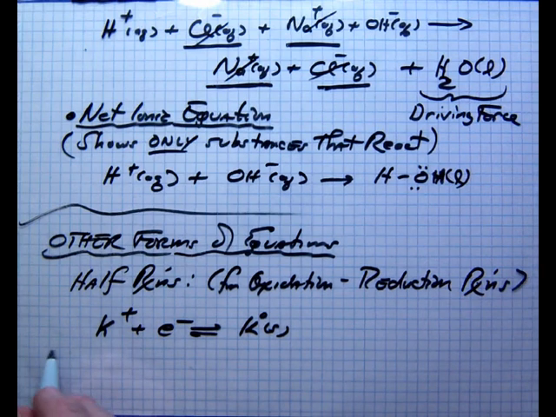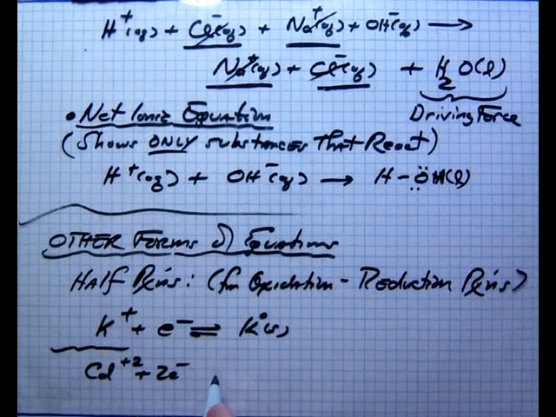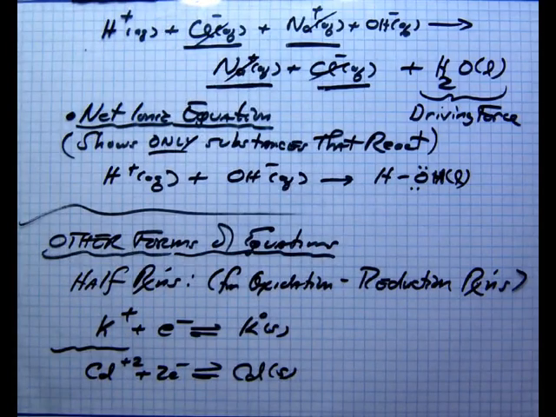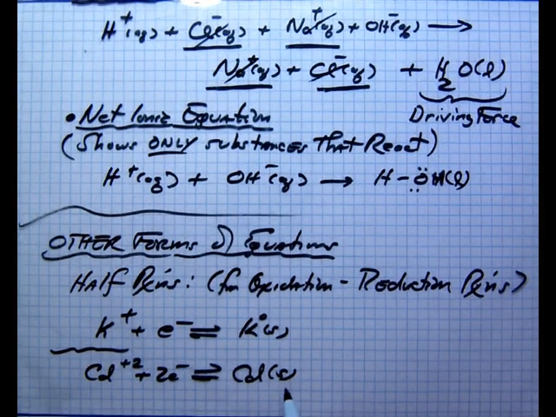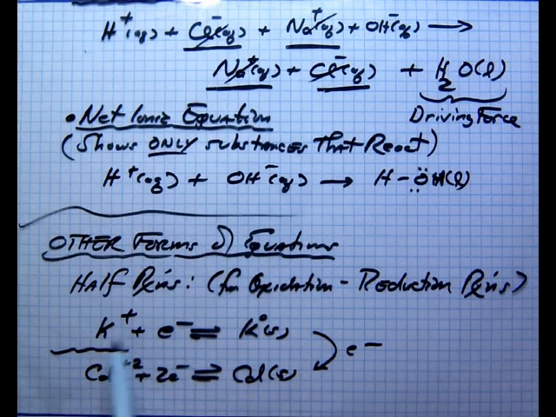Below that, there is, say, cadmium plus two electrons, and that produces cadmium, right out of this table. I just looked it up in the table right there. No big deal. This cadmium reaction is below the potassium reaction. That means it delivers electrons in that direction. Electrons are lost from up here, and they're gained down here.